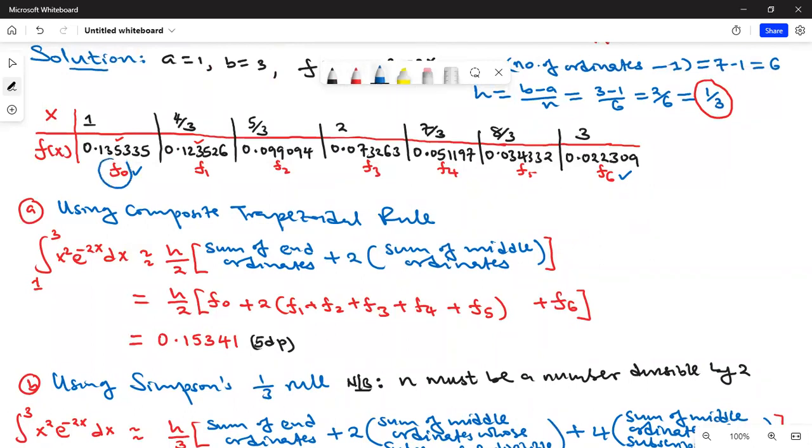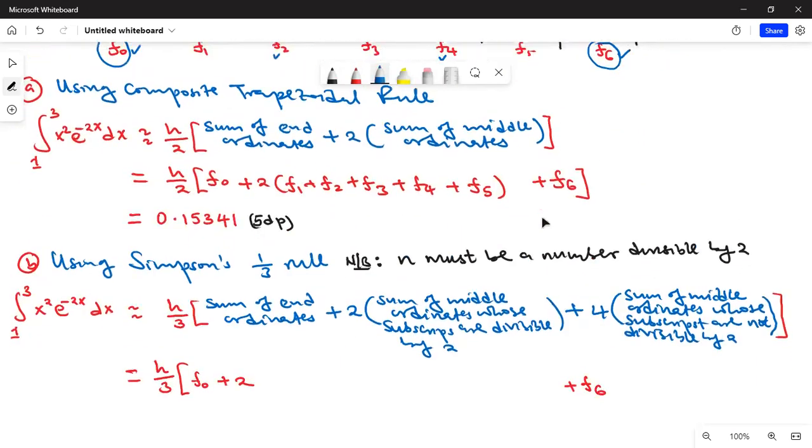So we don't consider them. We remain with f1 to f5. Between f1 and f5, which ones are divisible by 2? I can see f2, 2 is divisible by 2, f4, because 4 is divisible by 2. So it will be f2 plus f4. Then we have 4.